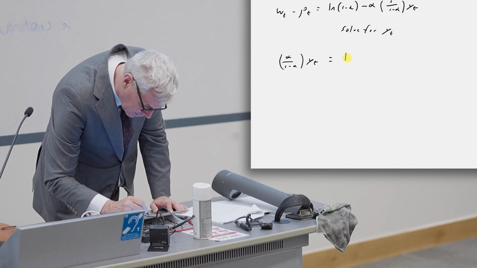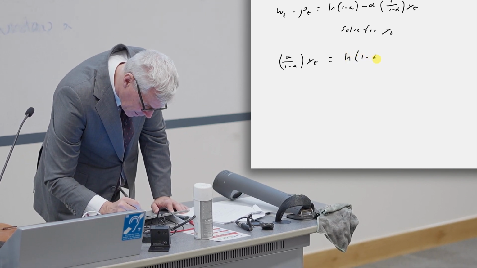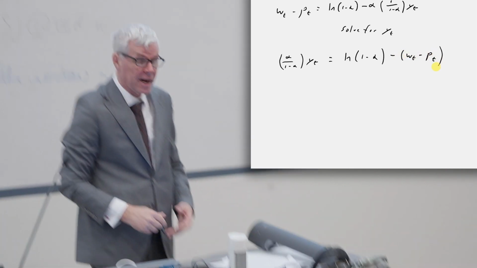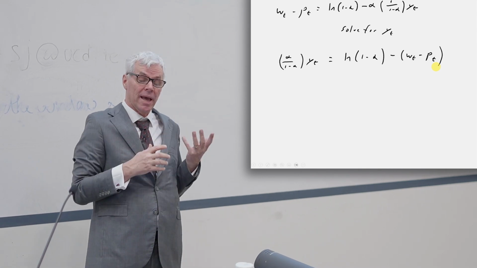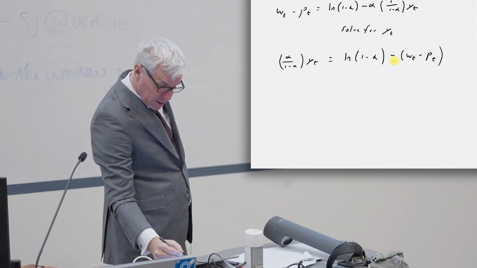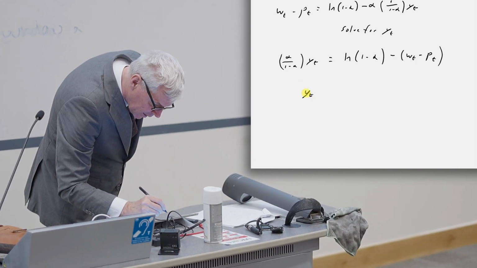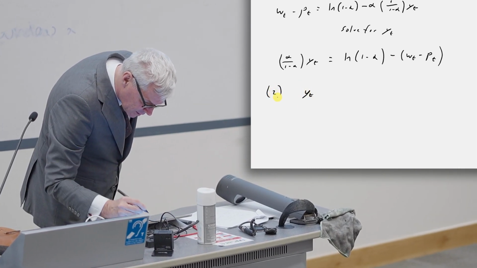This is ln 1 minus alpha minus Wt minus Pt. The higher the real wage, the less output we get, right? That's the minus here. And solving for yt, and this is going to be equation 2.